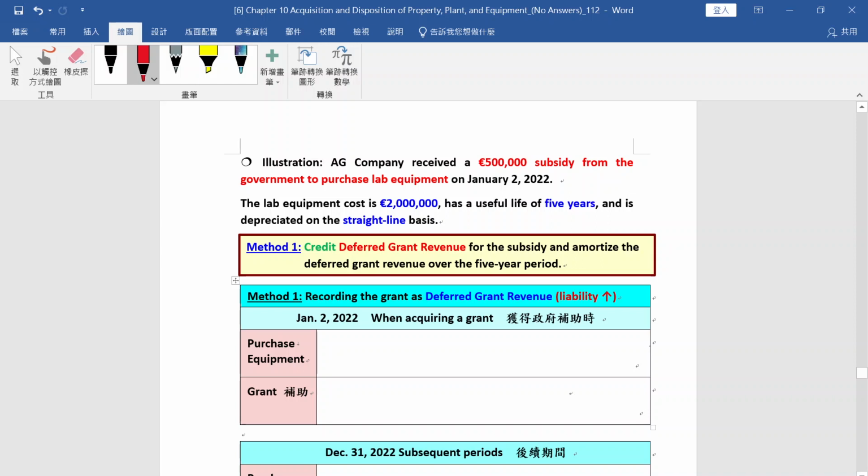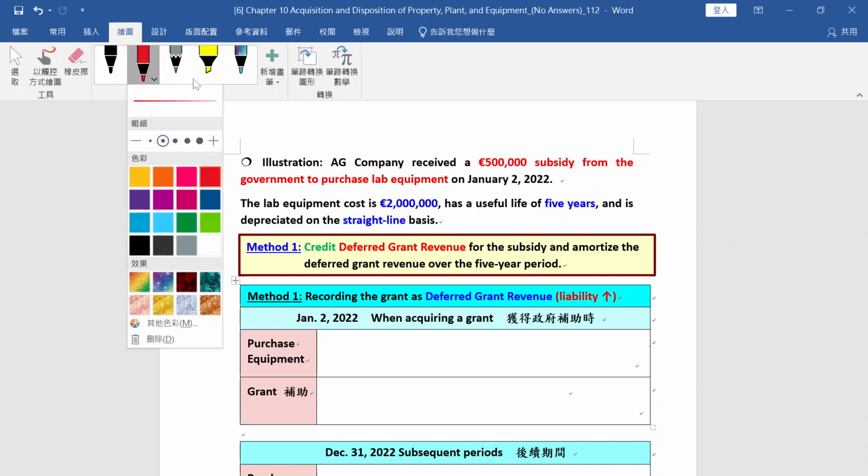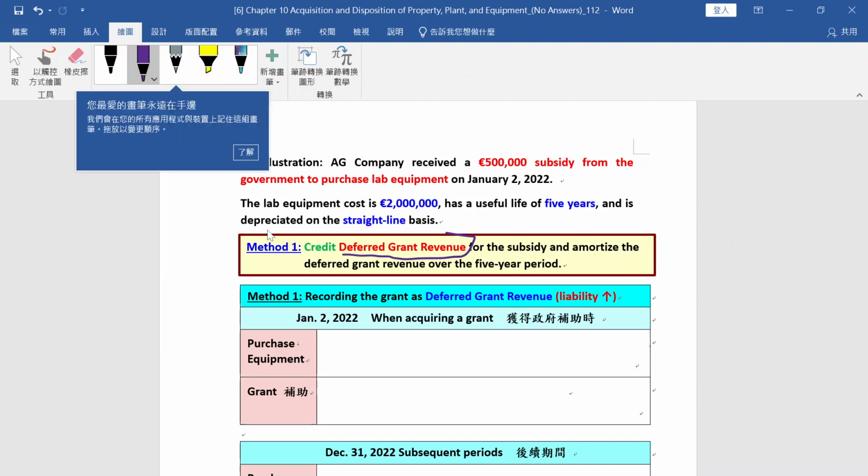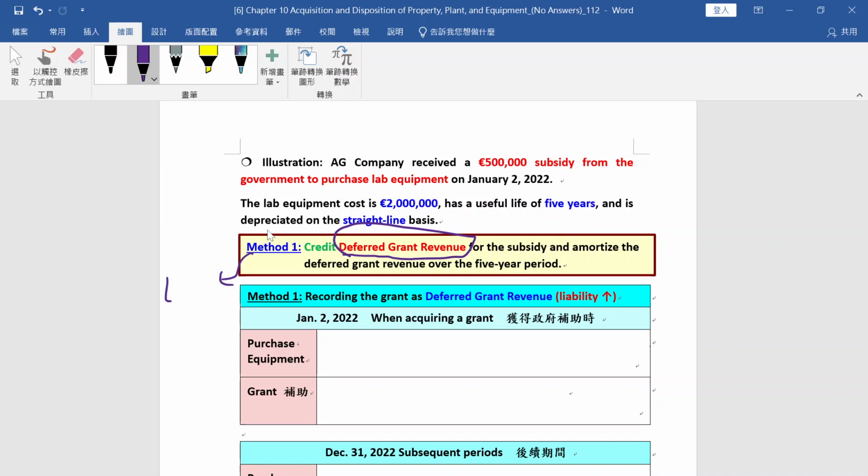So method 1, when you decide to use deferred grant revenues, this is your method 1. You decide to use liability. Based on this, how to record it on your first date? You buy the equipment, you got a government grant.